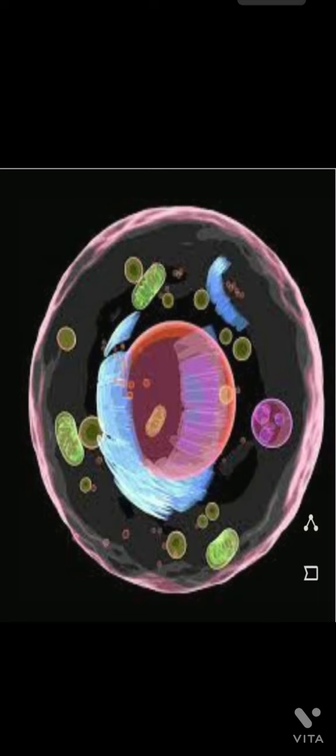Here, who observed the lysosomes? Firstly, Christian de Duve observed them in the electron microscope in 1955. They are tiny, spherical and sac-like structures. Sac means bag-like structure. And dense.